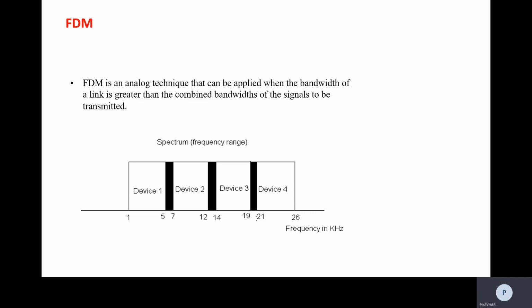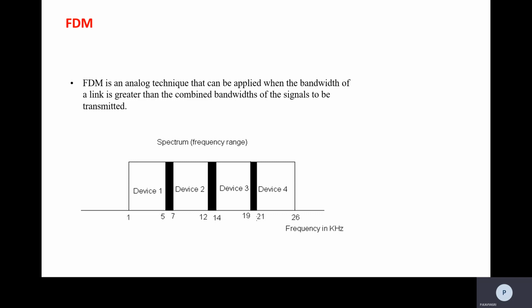So what happens in FDM is, suppose I have 4 devices, I will give different frequency ranges to the 4 devices. At that particular frequency range, only that device transmits. If you observe the picture here, the frequencies are in kilohertz. From 1 kilohertz to 5 kilohertz, that frequency is given to device 1.